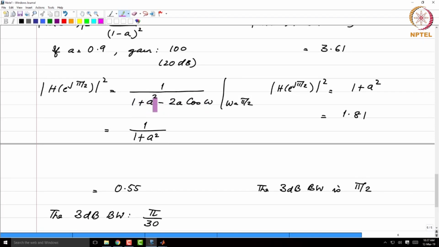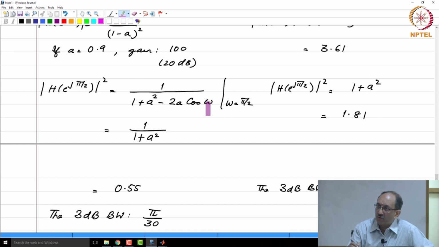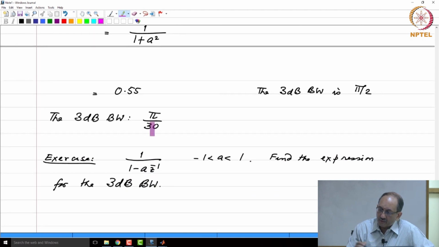In general, it will be 1 by 1 plus a r squared minus 2r cos(ω minus θ), and then you need to find at which point the gain drops by half. Find out what the maximum gain is, and relative to the maximum gain, at what frequency this drops by half. So, you will be able to get a closed form expression, and you will be able to verify that for the low pass filter case using a pole, the 3 dB bandwidth is pi by 30, whereas for the same low pass filter using the zero, the 3 dB bandwidth is pi by 2.